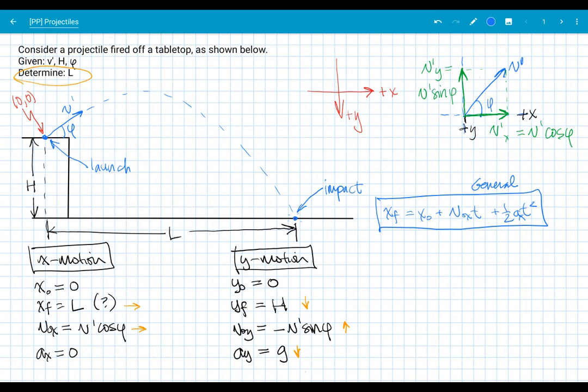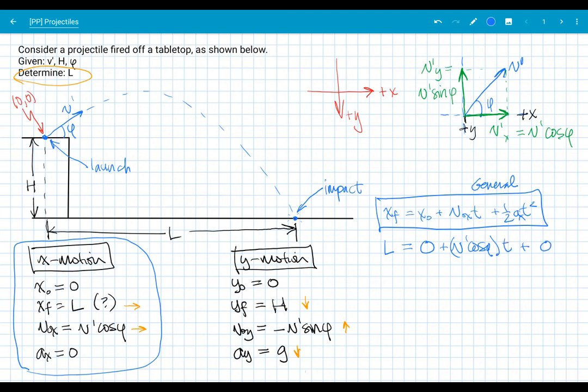So I'm going to customize it by looking over here at what I figured out for my x motion on the lower left side of the page. So x final is equal to L, right? X initial is equal to 0. V naught x is V prime cosine phi. That is multiplied by t plus 0.